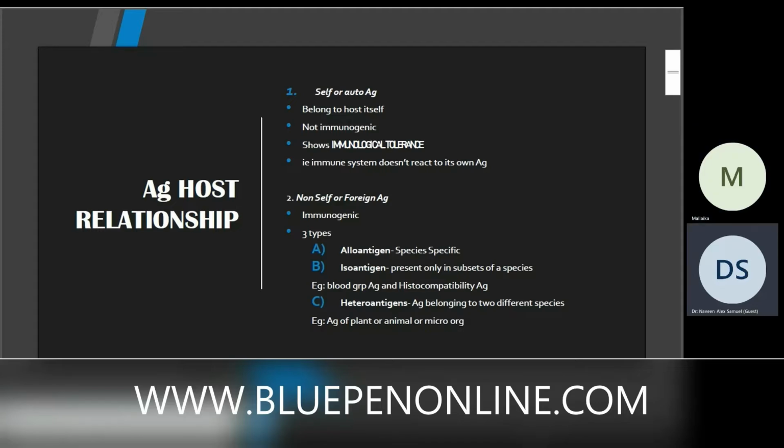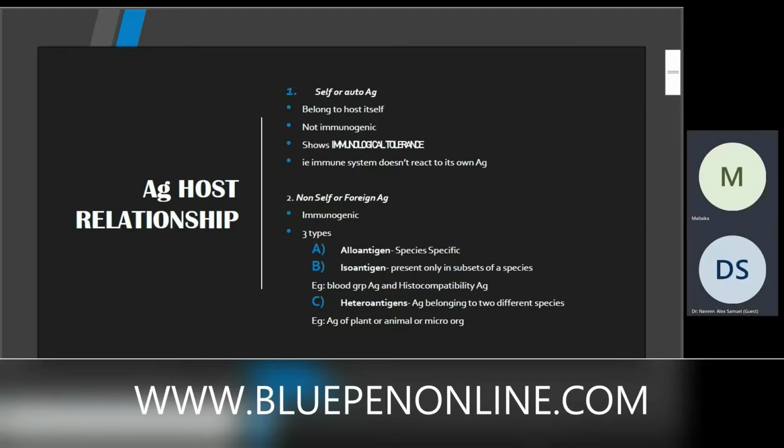It is not actually immunogenic, but it shows immunological tolerance, as the immune system doesn't react to its own antigen. That is why it's self or auto antigen, and it shows immunological tolerance.